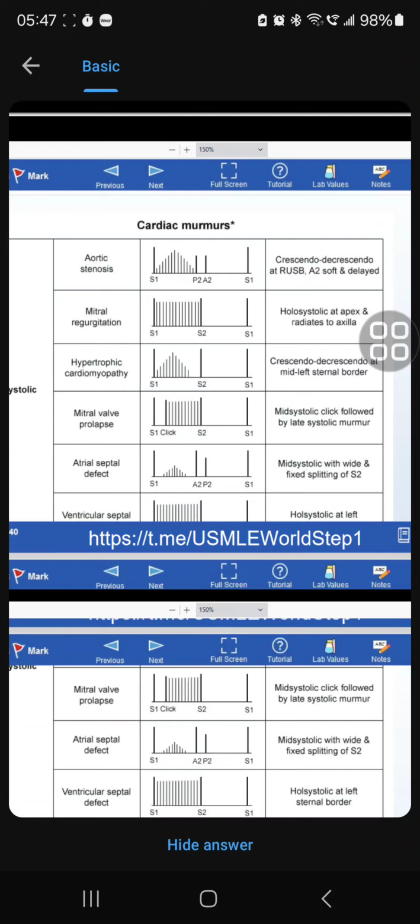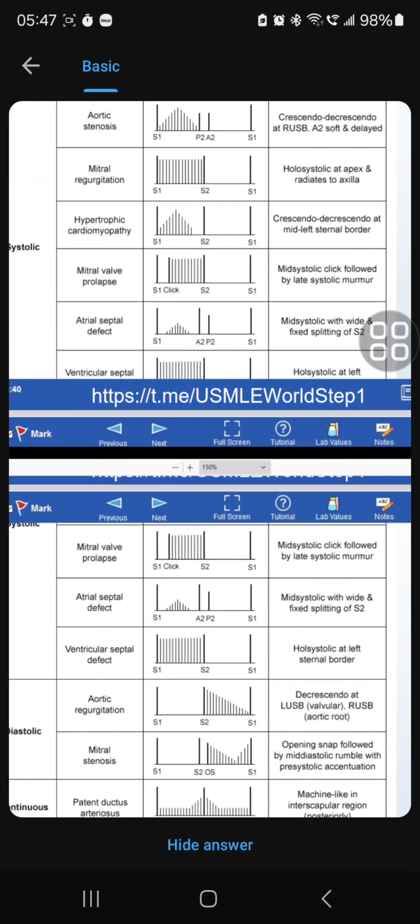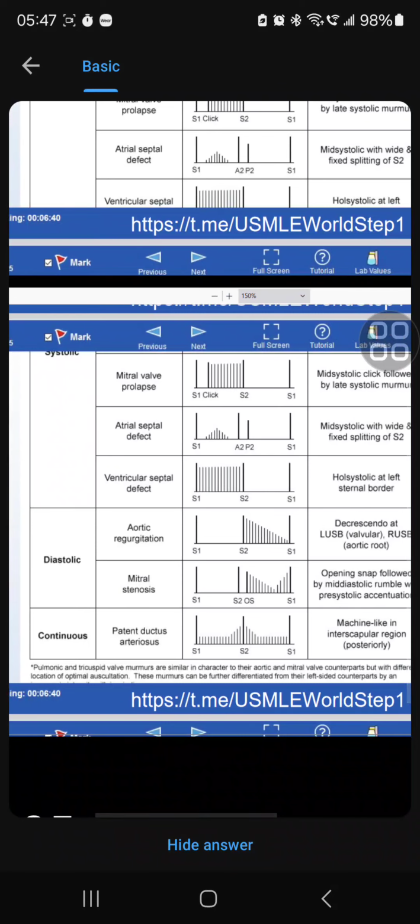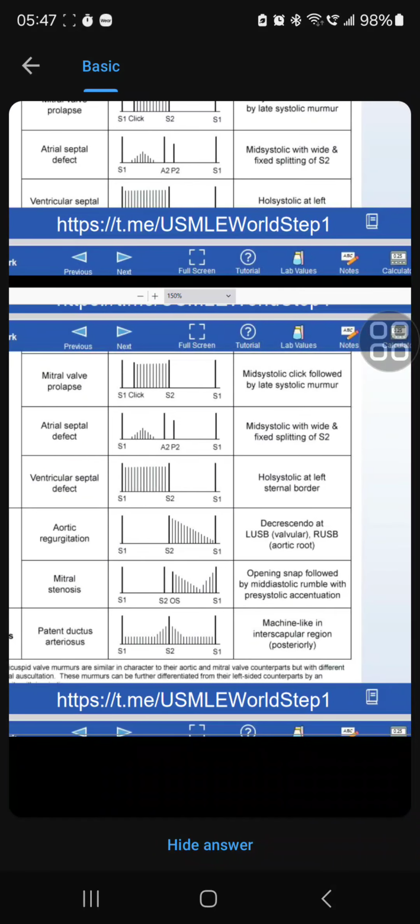Atrial septal defect is also a systolic murmur, a mid-systolic murmur with wide and fixed splitting of S2. Now coming to the ventricular septal defect, that's a holosystolic murmur at the left sternal border.